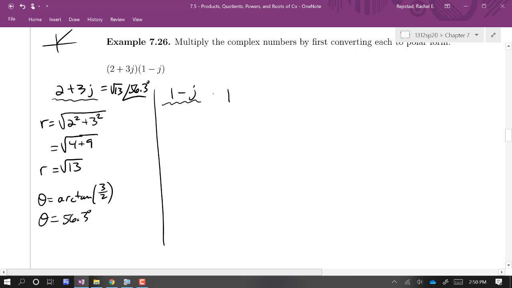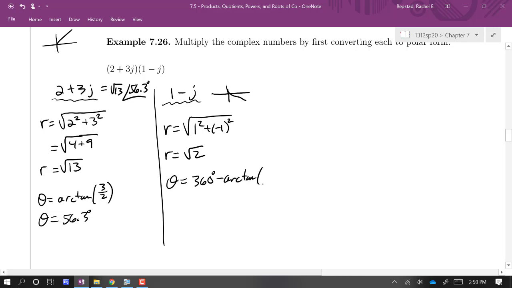Now 1 minus j is in the fourth quadrant. So let's see, r is the square root of 1 squared plus 1 squared. R is the square root of 2. And theta, if it's in the fourth quadrant, is going to be 360 minus arctan of 1 over 1.